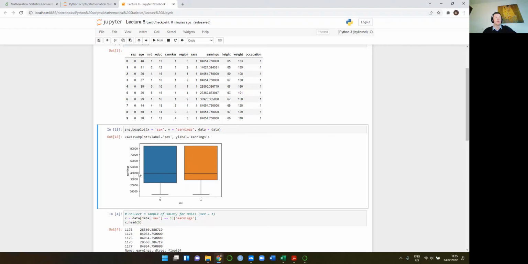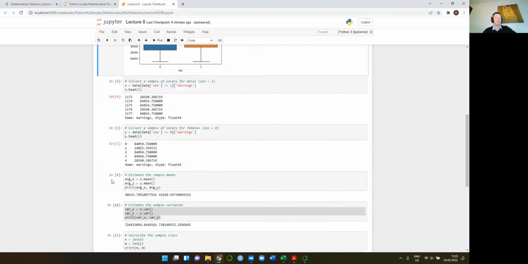We also have an understanding of how large the deviation is between salaries of females and males. You see that the salaries of males are less deviated, so they are more compact. This box has lower height, and we also see this from the variances when we calculated the variance of salary for males and females.